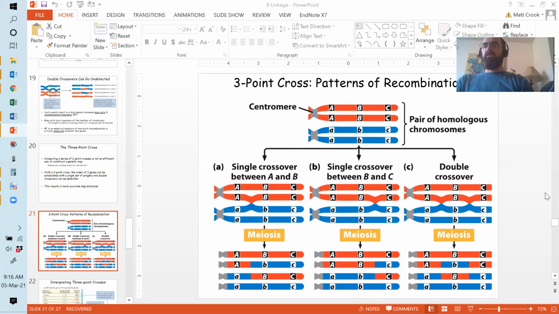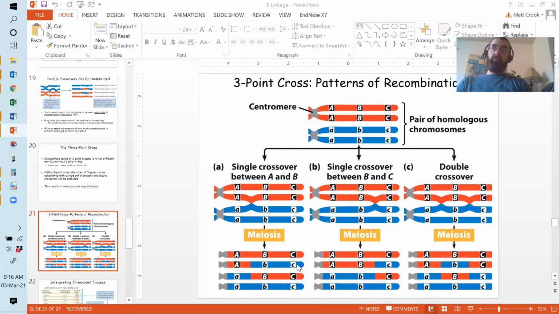Hopefully that makes sense. It's hard to type this stuff out. Okay, so there'll be two groups for each class. You're going to have essentially the reciprocals, right? So if you have an individual which has a crossover between A and B, you're going to have dominant A, lowercase b, c.